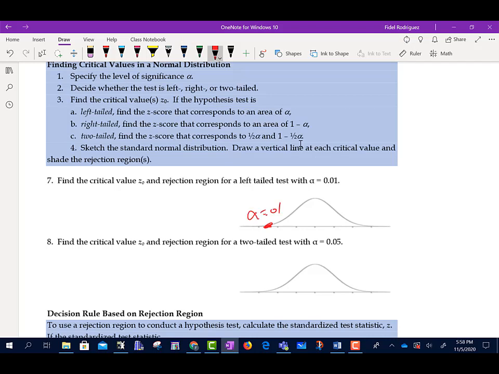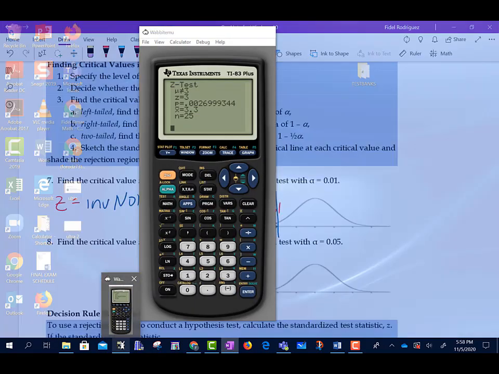We're trying to find the z-value, meaning we're looking for the value of z when the area underneath my curve is 0.01. The way we do this, guys, is we're going to go inverse norm 0.01.